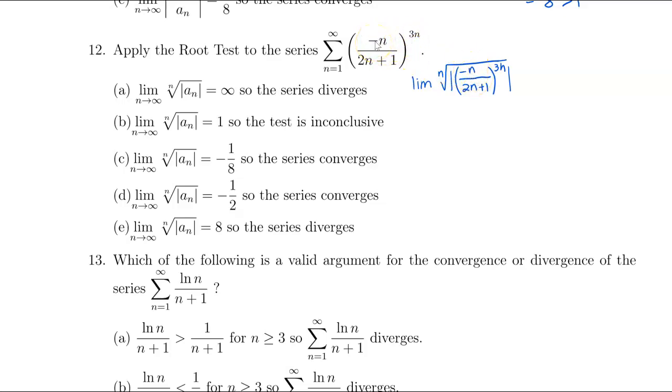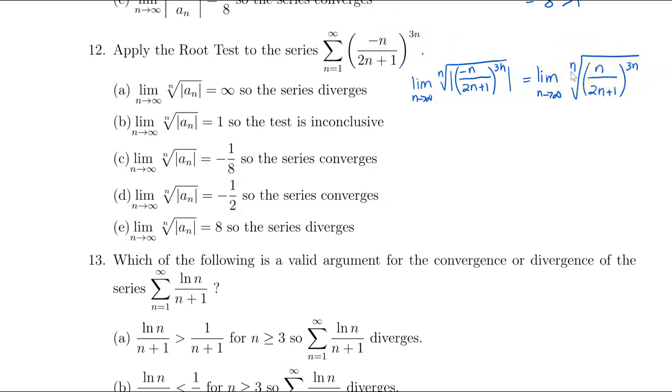This means you could factor out that negative 1 because you will have negative 1 to the 3n. So when you take the absolute value, this is just equal to the limit as n approaches infinity of the nth root of n, so that becomes positive n over 2n plus 1 to the 3n. Okay, now let's simplify this.